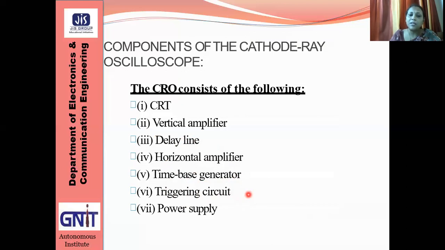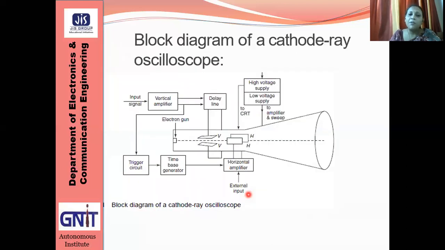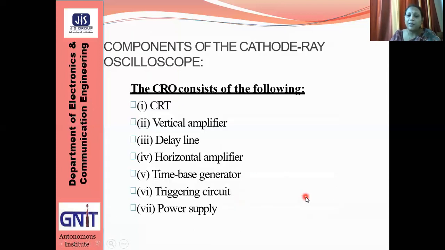If we move to the previous slide, you will find that after passing the signal through the vertical amplifier, the time-base generator has to be triggered, because it has to know that now it is the time to activate itself. So this trigger circuit is used to trigger the time-base generator, and after that it is connected to the horizontal plate passing through the horizontal amplifier.